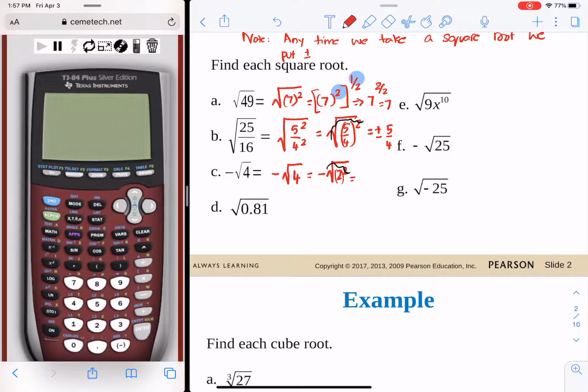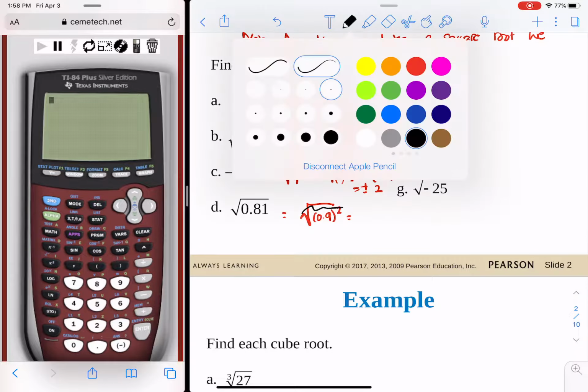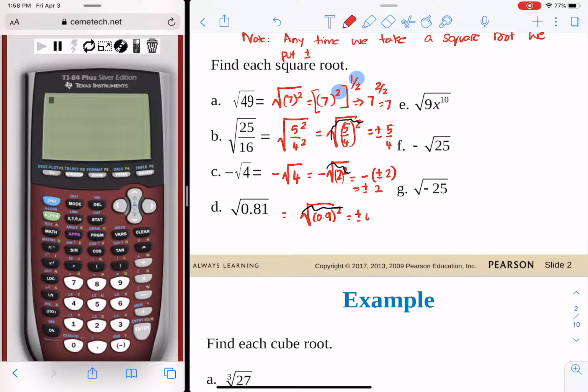We're going to leave it as is. So negative of plus or minus 2 is still plus or minus 2. In a similar manner, 0.81, I could write it as 0.9 squared. The root and the square would go away, leaving us with simply plus or minus 0.9.